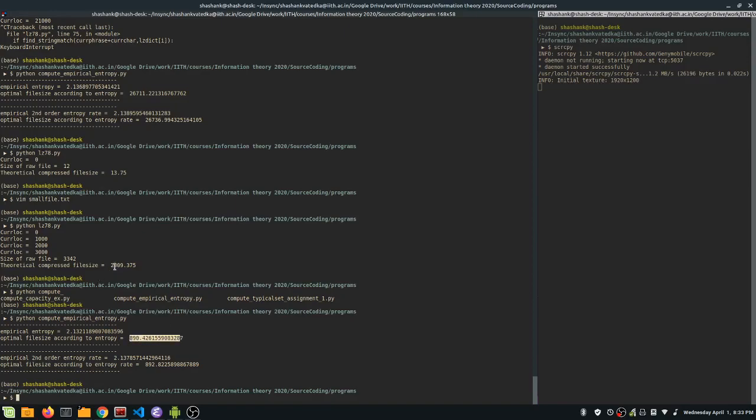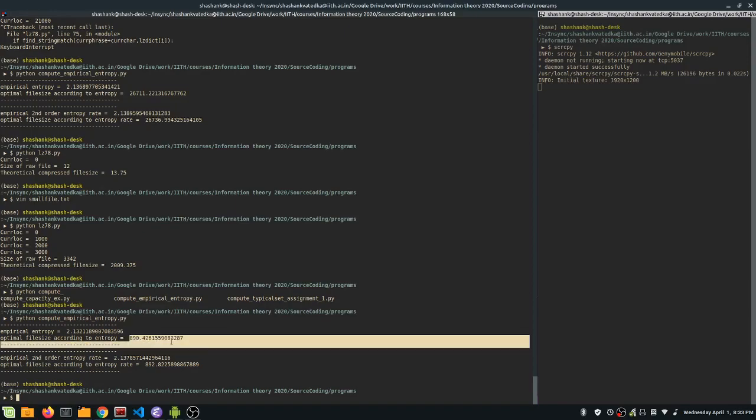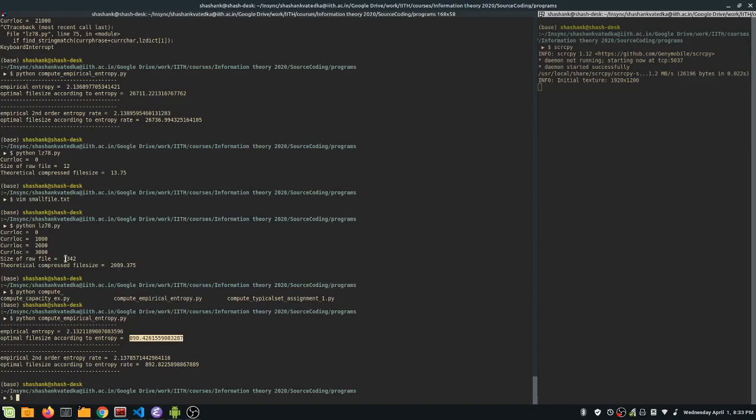On the other hand, the compressed file size that you would get using Lz78 is 2009 bytes. So this is more than twice the optimal compressed rate, but we're getting some compression. The raw file has size 3342 bytes.